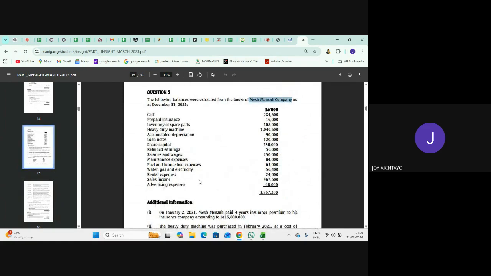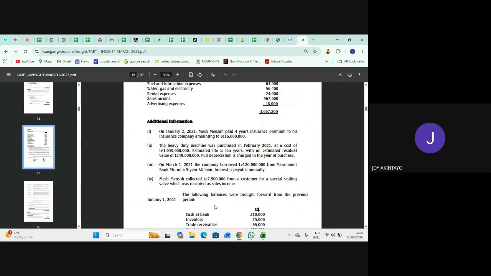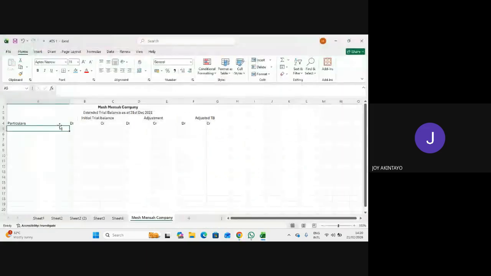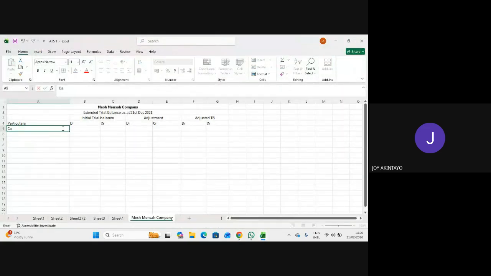So the first thing here, at the end of the period we need the cash in hand.